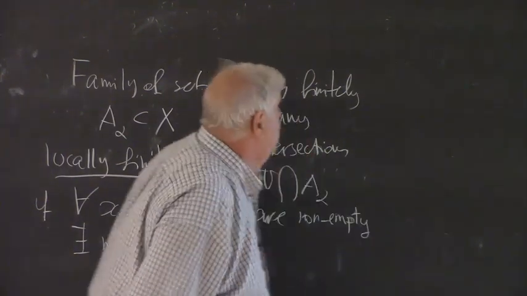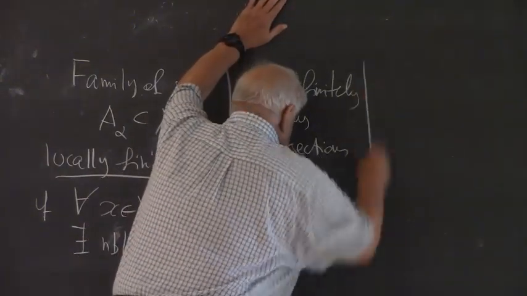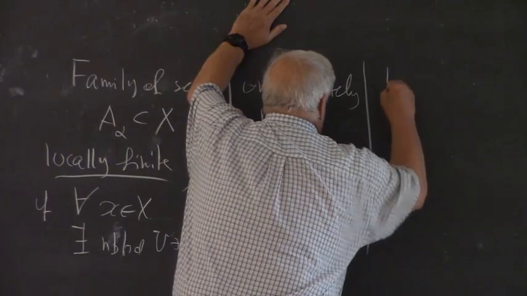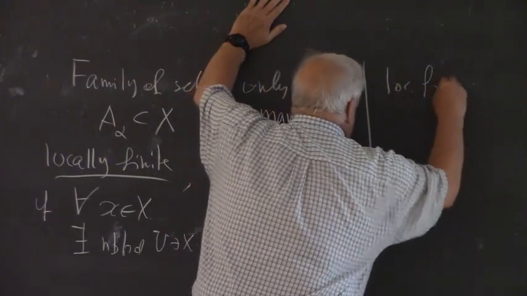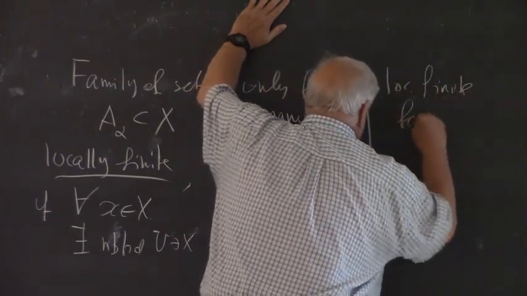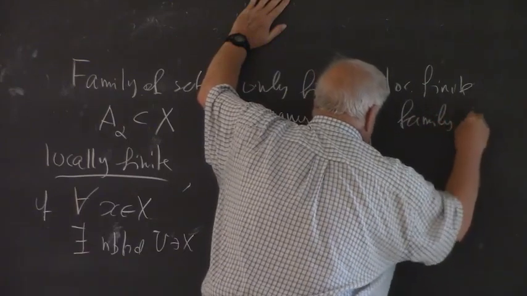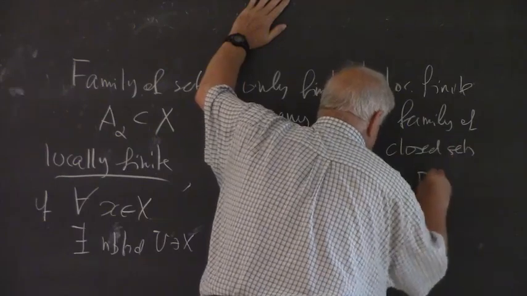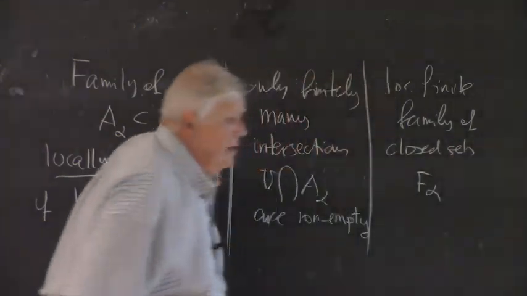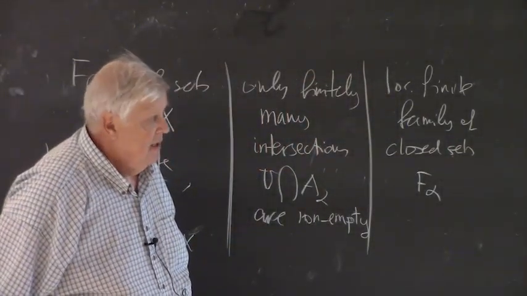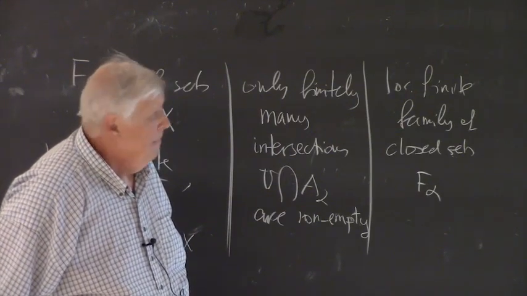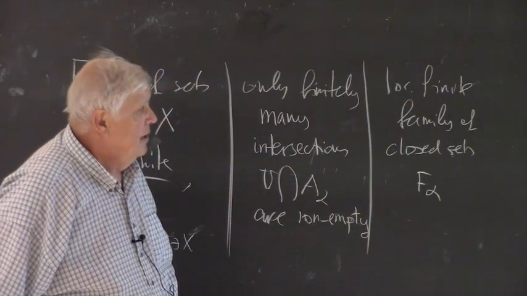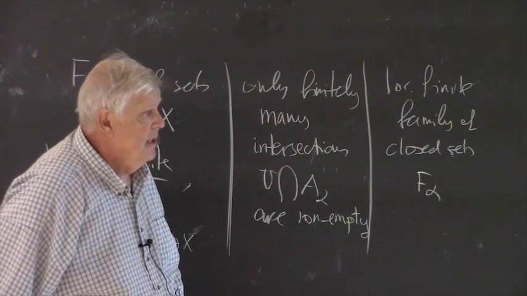For example, say a locally finite family of closed sets F alpha. So again, any family, not necessarily finite or countable or whatever, can also be locally finite, right?